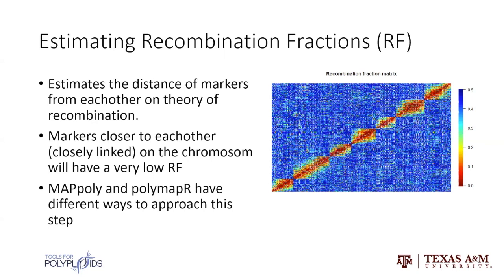More recently, I've been using MAPpoly a lot more, just because it's very easy for me to feed it a lot of data and just let it sit there, and it'll go, and I don't have to do very much manipulation. It takes a different approach. It calculates the recombination fractions between all marker types at the very beginning. When it does this, it requires more RAM and more storage to keep that object.